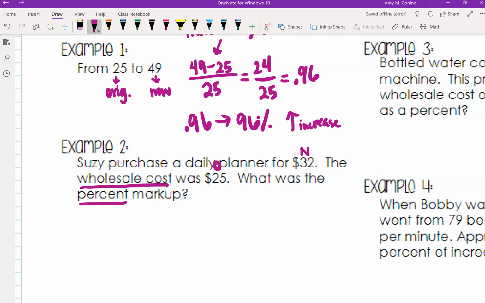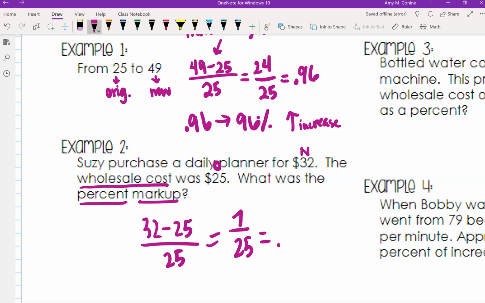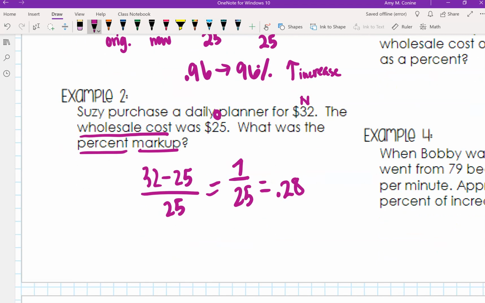So they want to know the percent markup. Okay, so 32 minus 25 all over the original price of 25. So 7 over 25, and we get a decimal of 0.28. So your answer is 28%. Okay. So make sure if it's asking for the percent that you give the percent.